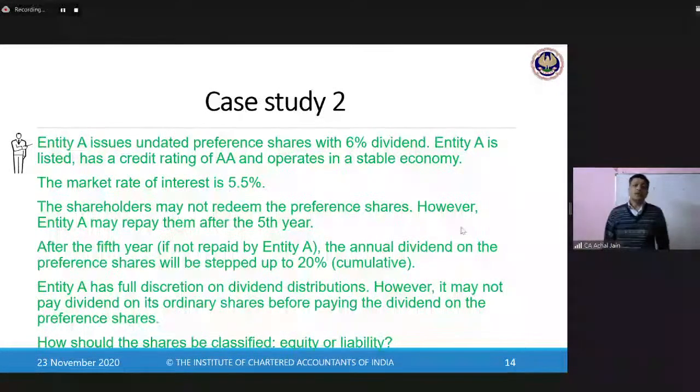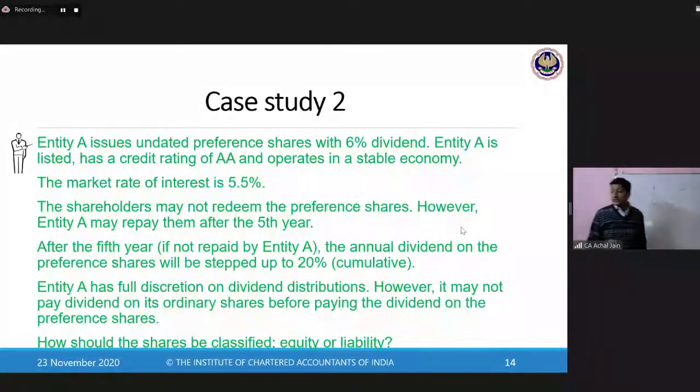And we need to check whether the issuer will be mandatorily required to pay cash for both these components or not. So now, because these are undated preference shares, principal payment is not required to be done. Correct? Let's understand about equity.